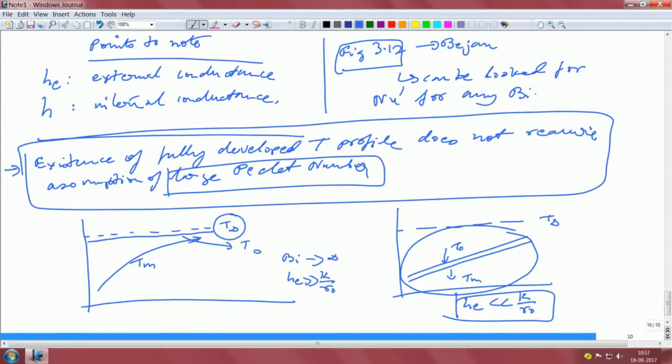Remember, in Bejan's book the Nusselt number is cast in a different way, so keep in mind how he has defined it and how we have defined it in this course. Bejan's figure 3.12 should be looked at very carefully.